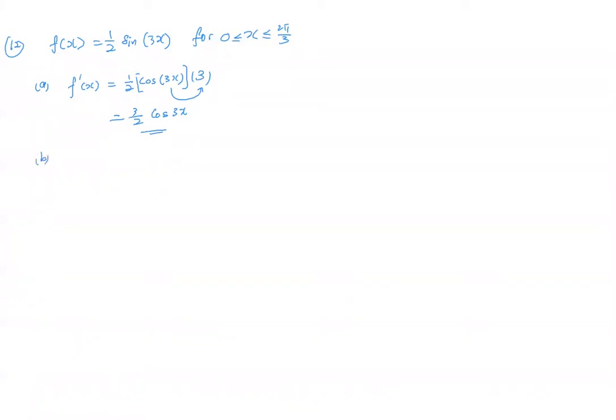True fact about sin and cos. Who can tell me the true fact about sin and cos? So these are the true facts about sin and cos that every one of us has to remember. Sin of any angle, highest 1, lowest -1.